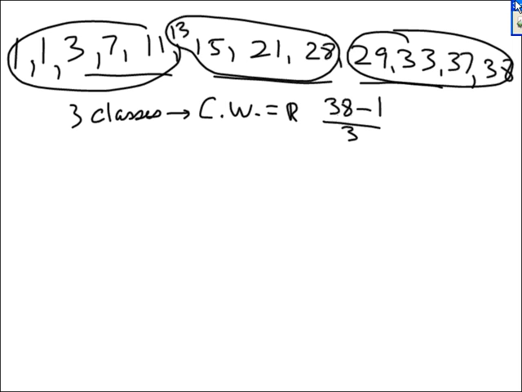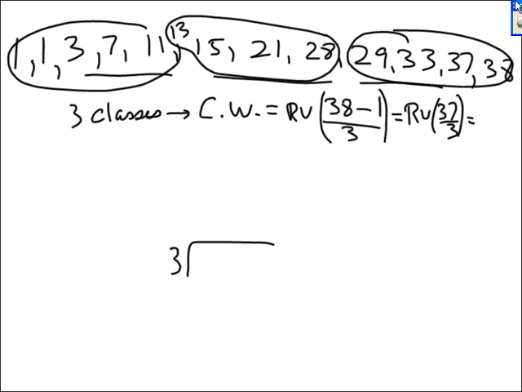But you want to round this up. Whatever is in the brackets, round it up. So you want to round up 37 over 3. Now you can ask yourself, what's the first number that 3 goes into that's above 37, and you'll get 39, and 39 divided by 3 is 13.